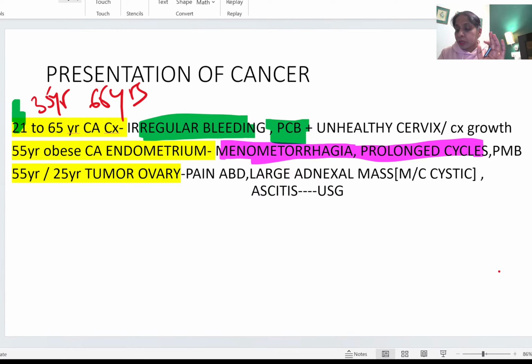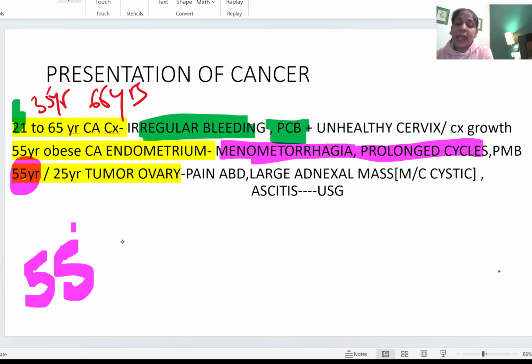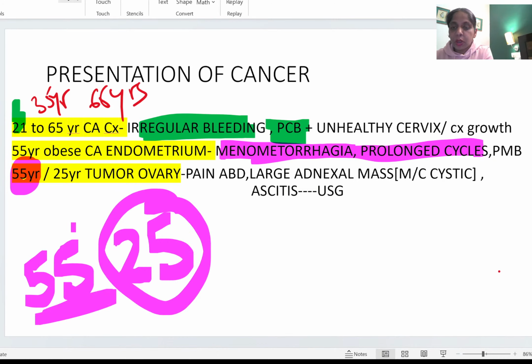There are two ages in which CA ovary occurs: 55 years, post-menopausal age, and 25 years. Yes, Dr. Sumit, you are right, CA cervix.